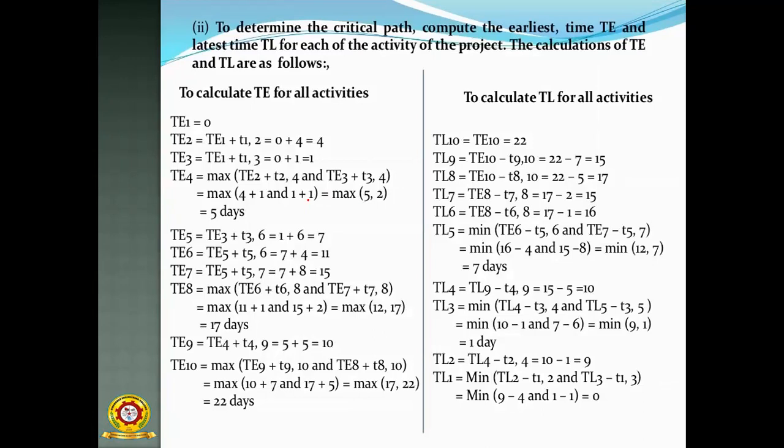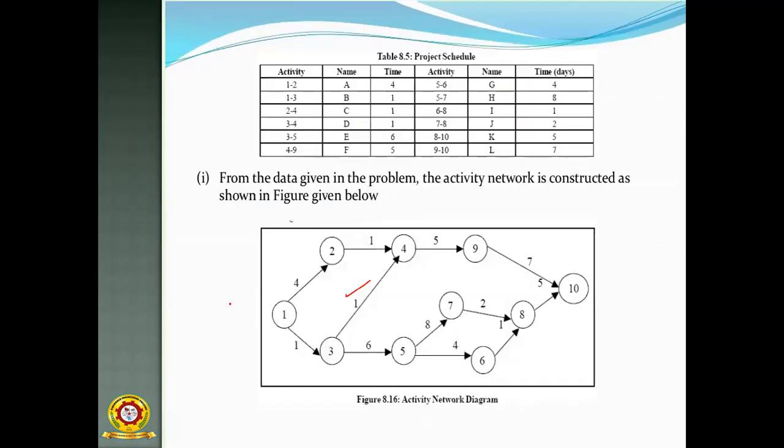So the maximum of 5 comma 2 is 5. Then you have to take 5 days. That is the TE value, equal to 5 days. So like this. You shouldn't confuse TE1.